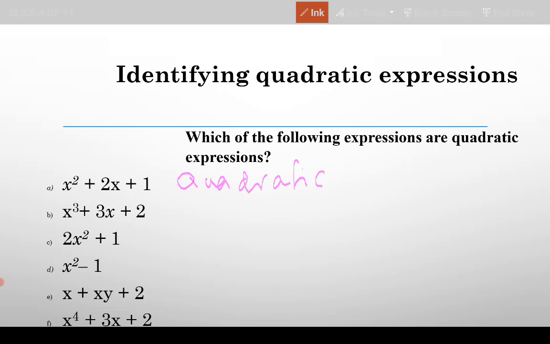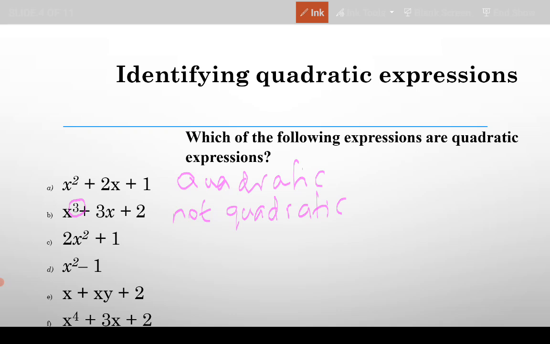What about this one here? The highest power is 3. Therefore, it is not quadratic. Remember, for an expression to be quadratic, the highest power should be 2, not 1, not 3, not 4, not 5. It should be 2.